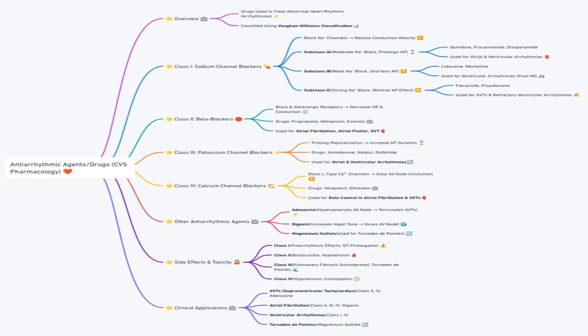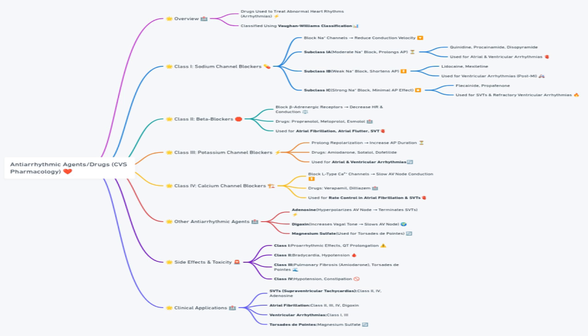With the class 2 drugs, these are the beta blockers or beta adrenergic antagonists. And remember, all these classes are based on arrhythmia, so they are the antiarrhythmic drugs classification. So that's class 2 being beta blockers. It decreases the sympathetic activity, decreasing SA and AV node conduction. Think of drugs like metoprolol, esmolol, propranolol, atenolol, carvedilol.